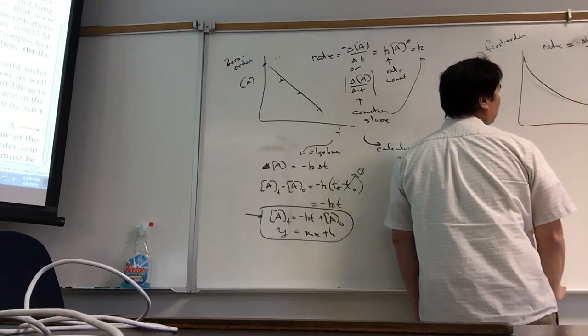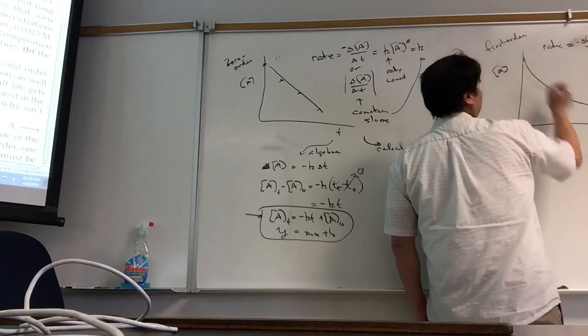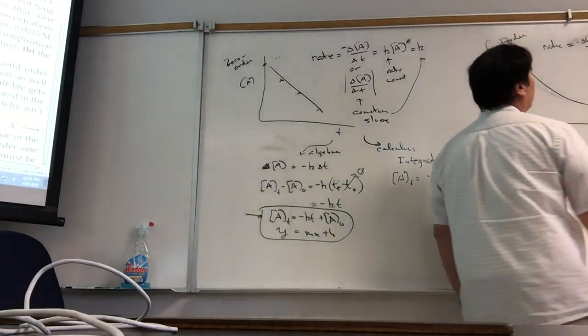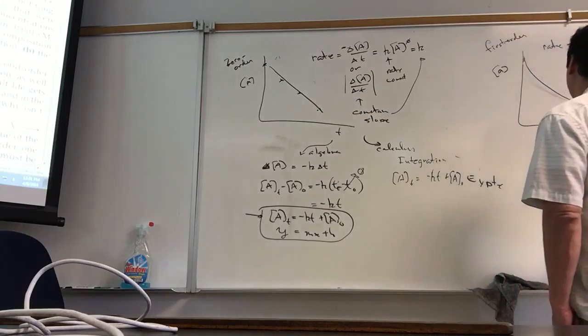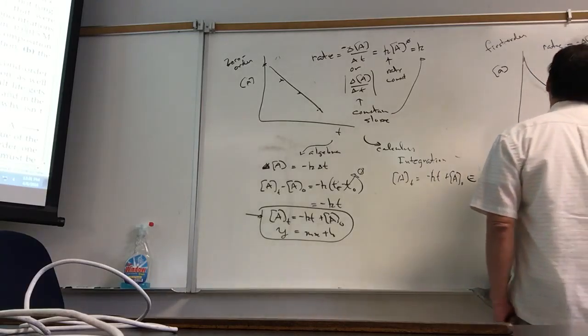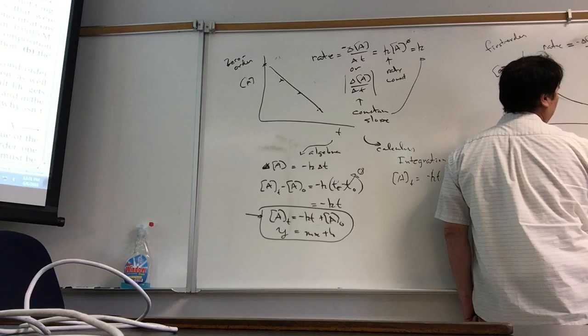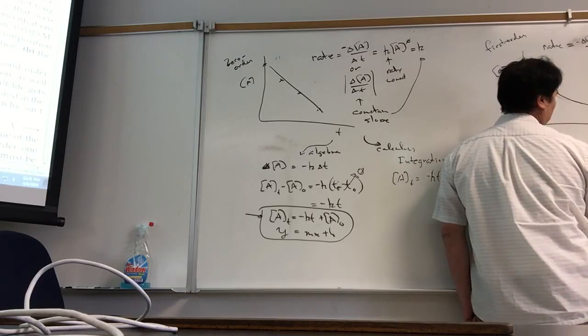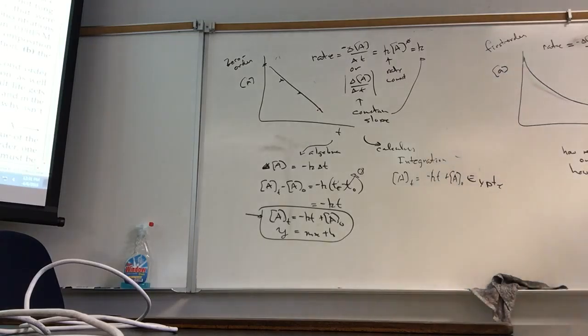So we get concentration versus time like this. But if I want to figure out how much or how long, can I use algebra? And so if I try to use algebra to answer this, let's try it up here.